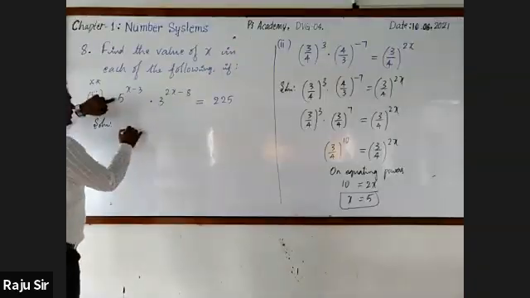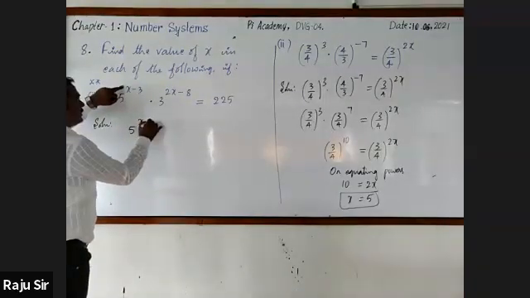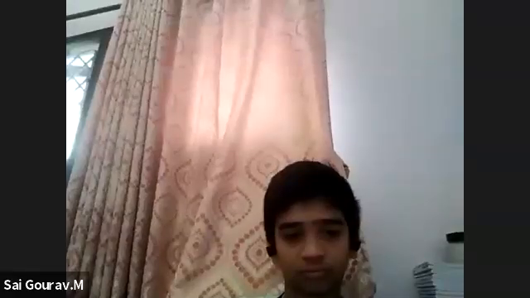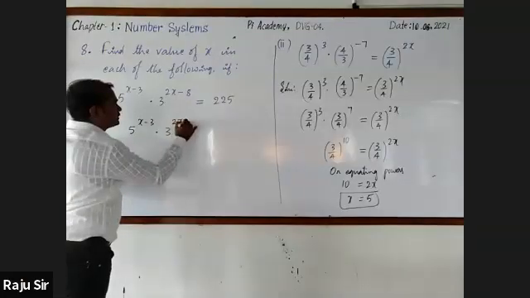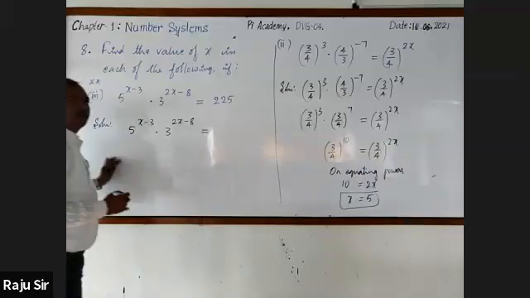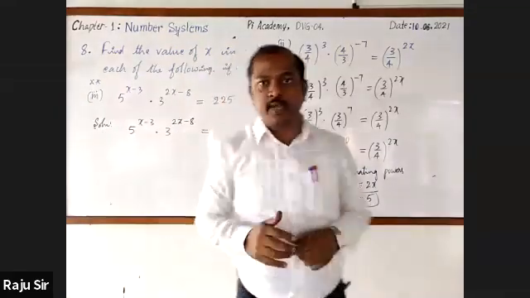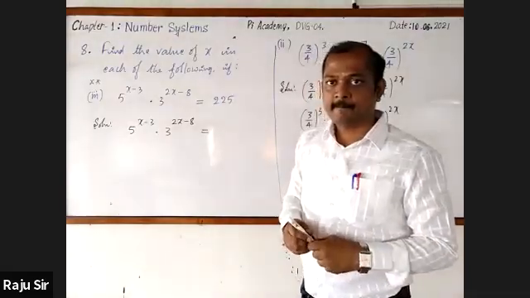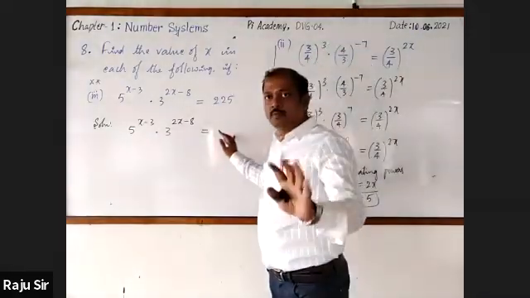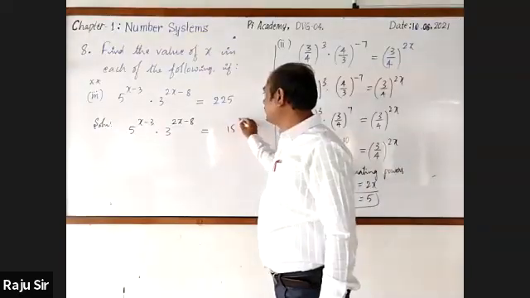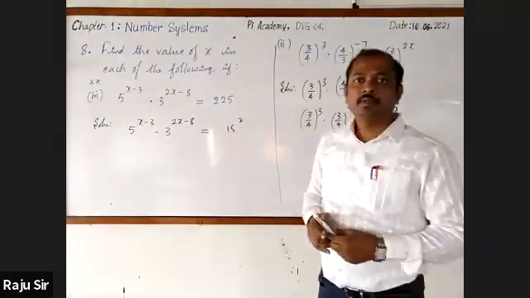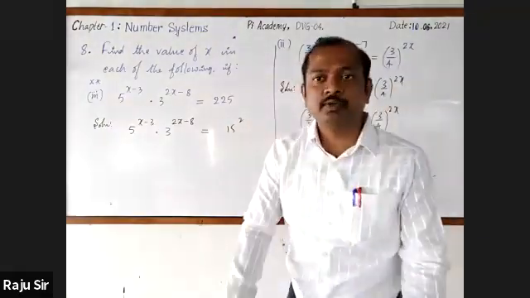It is 5 raised to the power x minus 3, into 3 raised to the power 2x minus 8, is equal to 225. Will you write 15 square? Just observe: 15 square is the value, but is it possible to find the value of x?